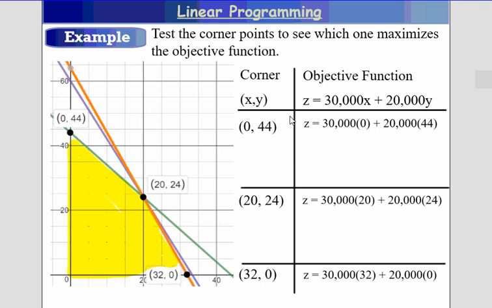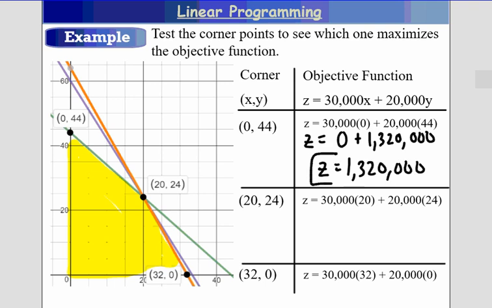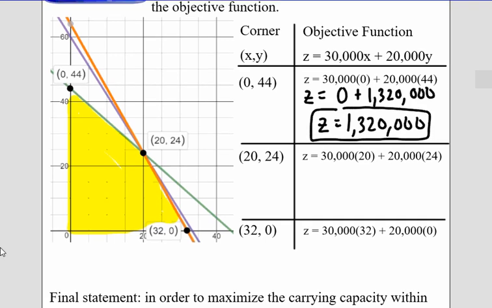So if I check 0, 44, if I put 0 in for x and 44 in for y in the objective function, I'm going to end up getting z equals 0 plus this is 1,320,000 cubic feet. So there's the first combination. Second, 20 for x, 24, so this would be 20 American, 24 British.